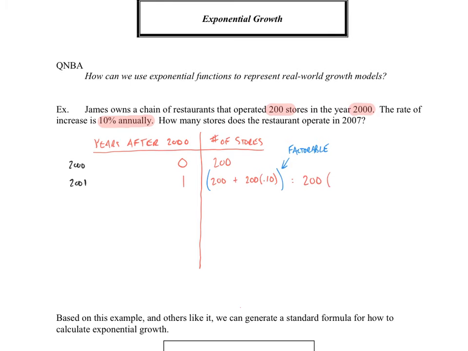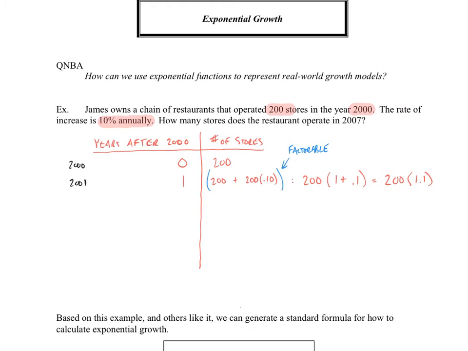And if we divide this component by 200, we'll have a 1. And if we divide our other component by 200, we'll still have that 0.10. So this ends up being written as 200 times 1.1. And we're able to condense it that way for the first year after 2000.